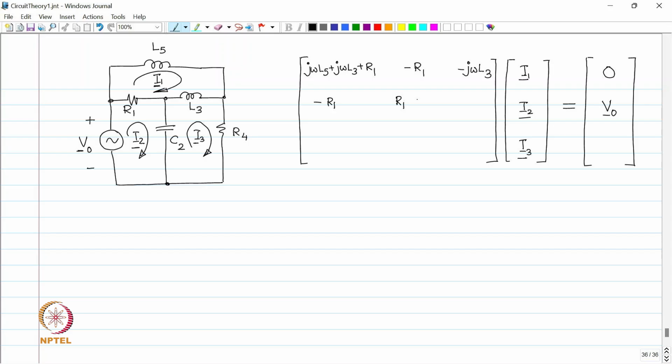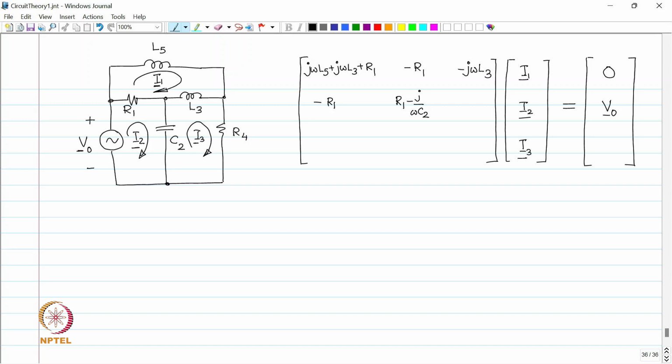So, I am not going to write it as 1 by j omega, I am going to write it as minus j by omega C 2, if that is okay with you. Instead of writing 1 by j omega C 2, I have written it as minus j by omega C 2, just for fun.